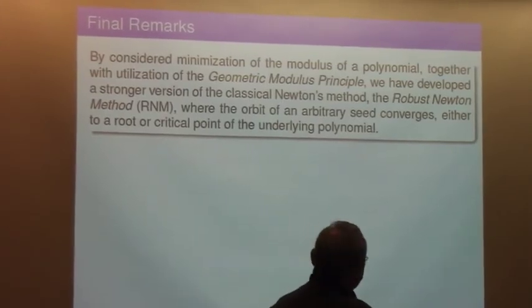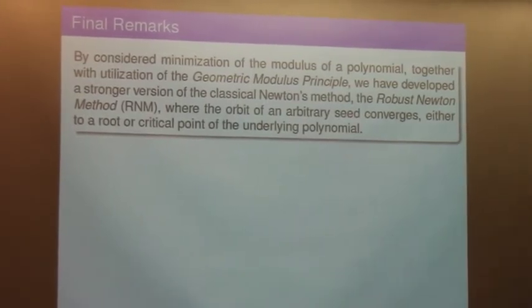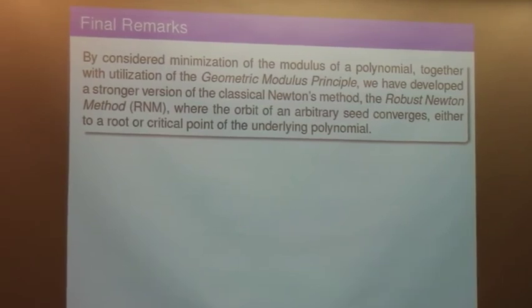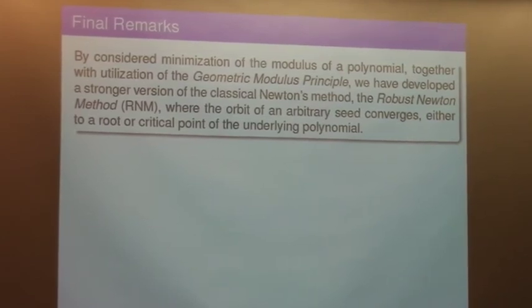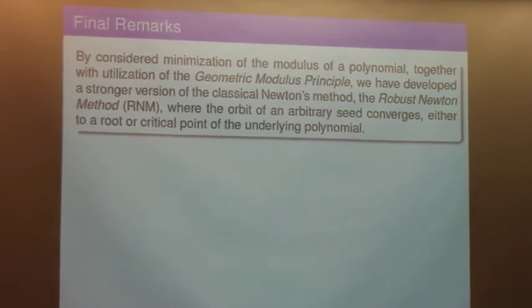Here are my final remarks. By considering minimization of the modulus of a polynomial together with utilization of the geometric modulus principle, we have developed a stronger version of the classical Newton's method called the robust Newton method, where the orbit of an arbitrary seed converges either to a root or a critical point.